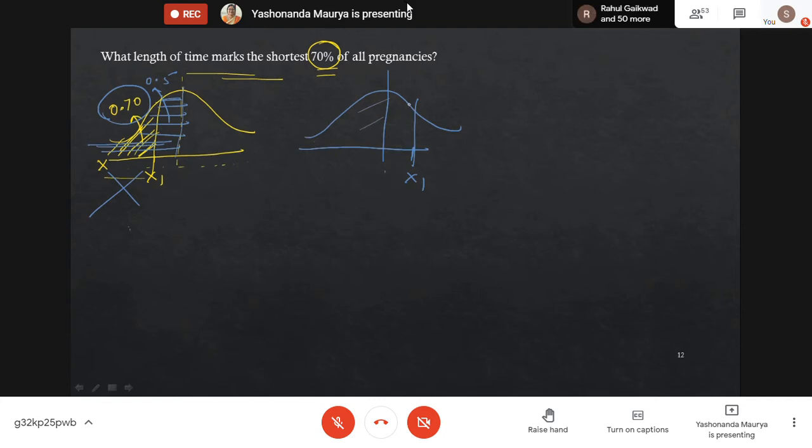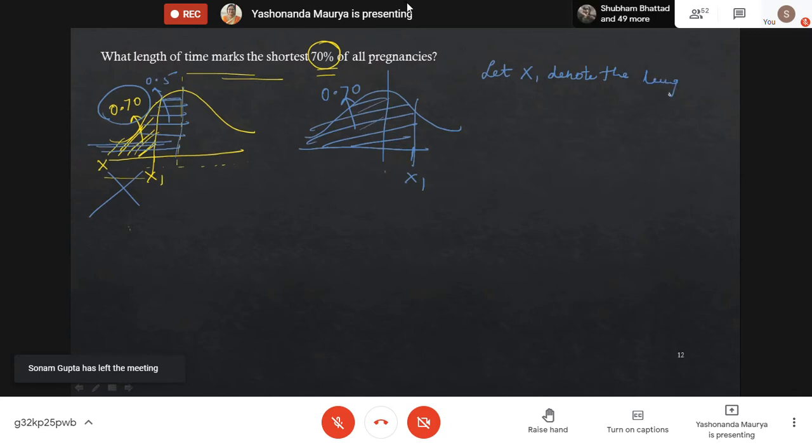So now the shortest 70%, this area is nothing but 0.70. Okay, so we let x1 denote the length of time of the shortest 70% of all pregnancies.